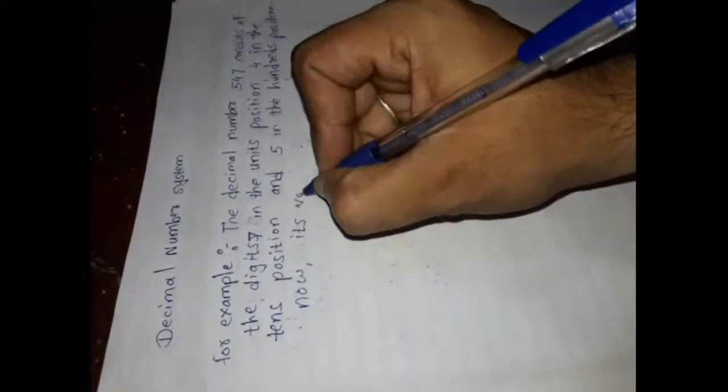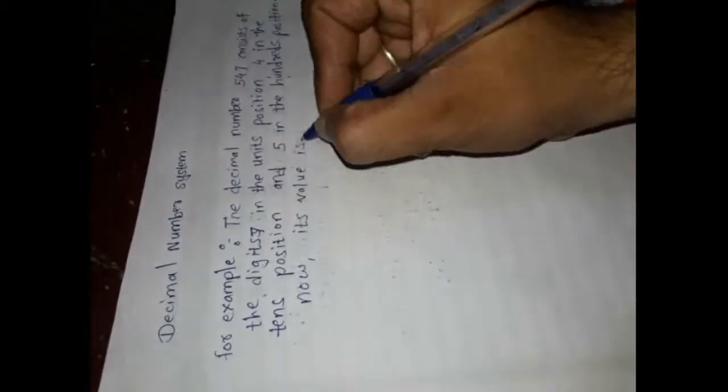Now its value is written as, now see here, the decimal number is 547.